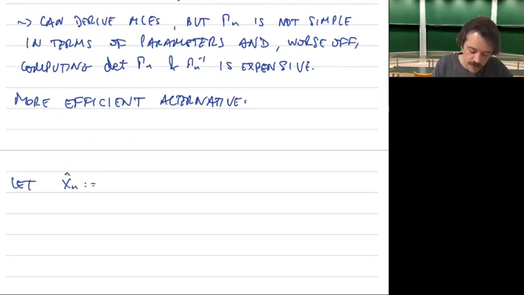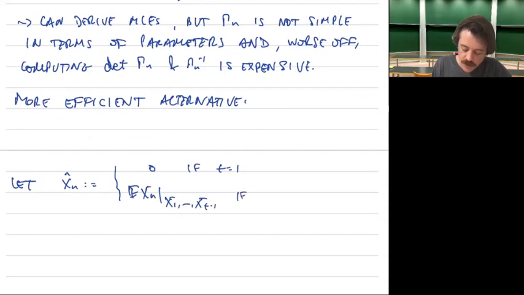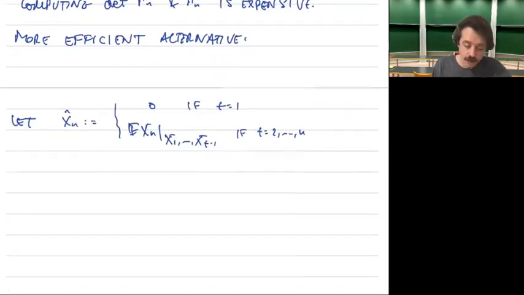We define this guy, x t hat, to be 0 if t equals 1. Otherwise, for t from 2 to n, it is the expectation of x t given x1 up to x t minus 1. Then we let capital U t be the difference between x t and x t hat.